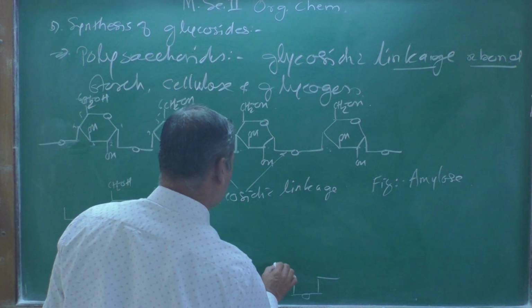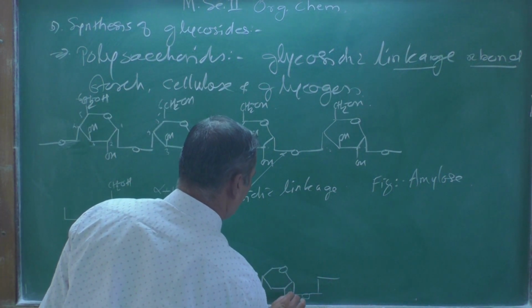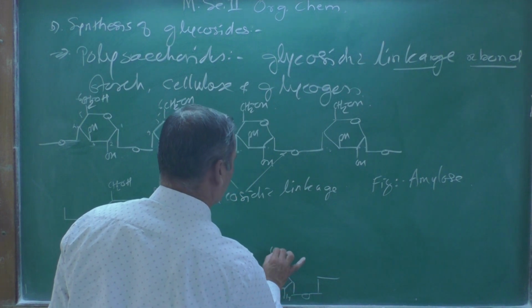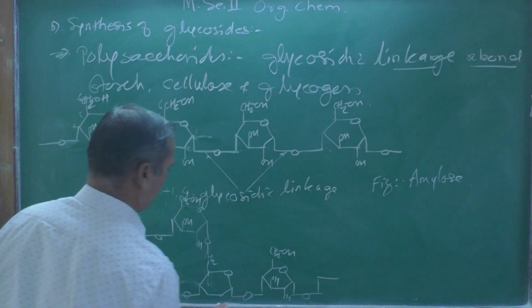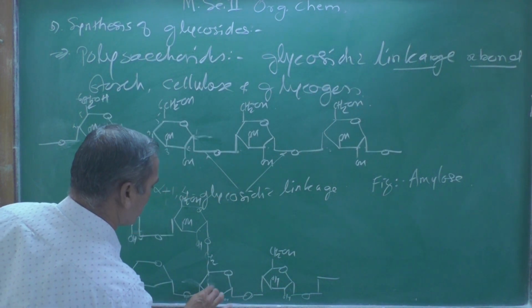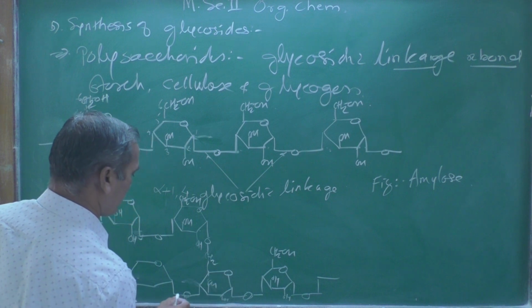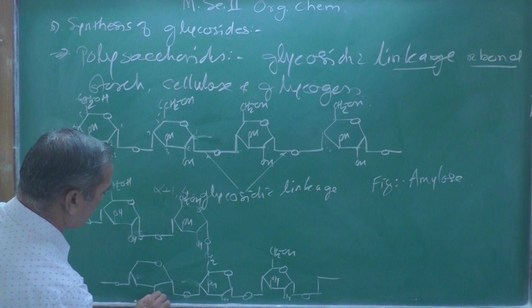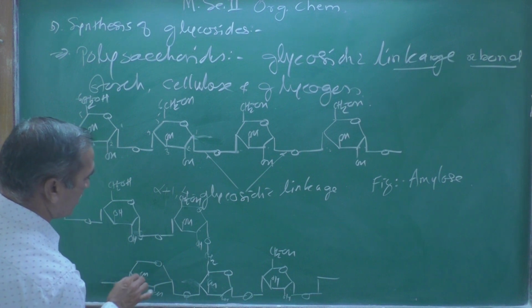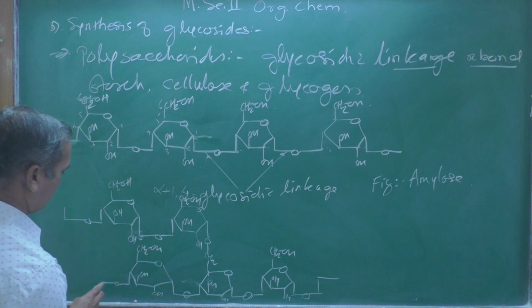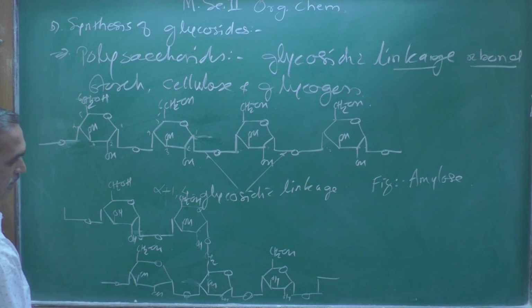Similarly in those structures also, here you can write OH and OH, and here CH2OH. Here also the same, one hydroxy group below the plane, one above the plane, and then CH2OH. Then the same thing happens over there.